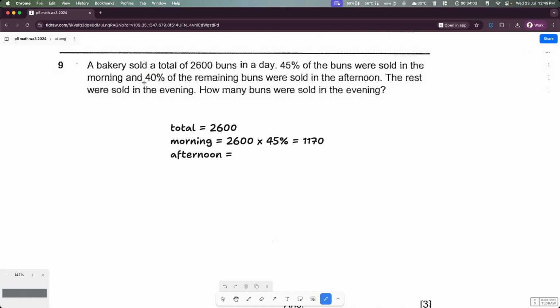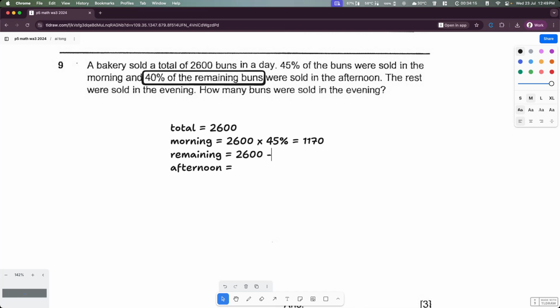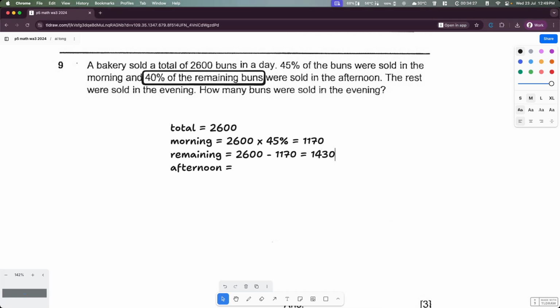But the thing is, it says here, 40% of the remaining buns. So we need to calculate the remaining. Okay, so how much is the remaining? In this case, it is 2,600 minus 1,170. Okay, use the calculator. 2,600 minus 1,170 gives us 1,430.